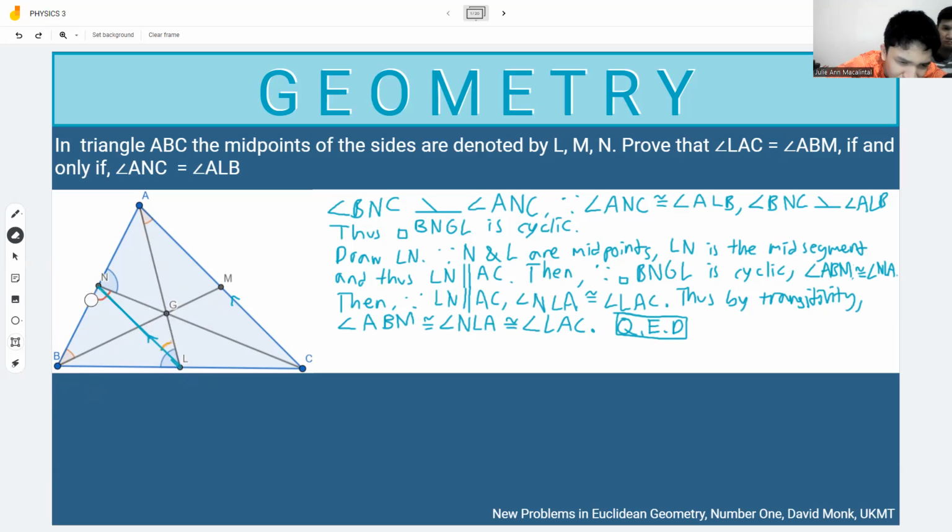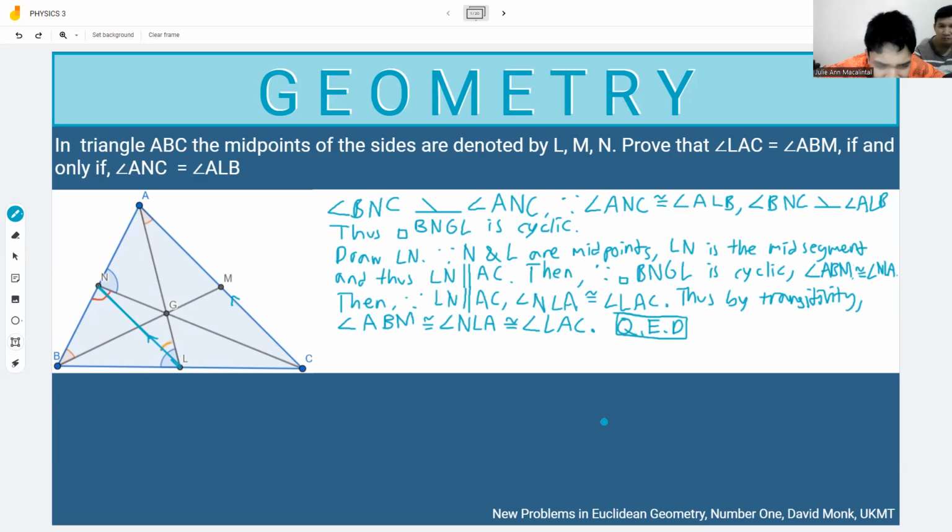So because it is cyclic, then B and CG is supplementary to BLG. So therefore, since these are supplementary, A and C, which is supplementary to the red angle, is also congruent to BLG or BLA. This is basically the opposite way around.